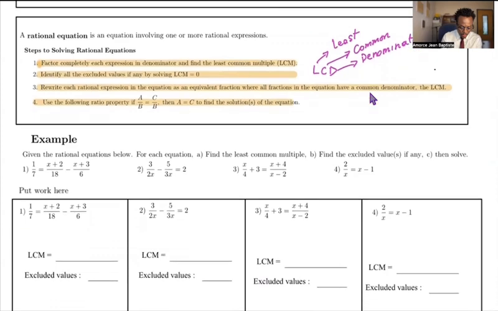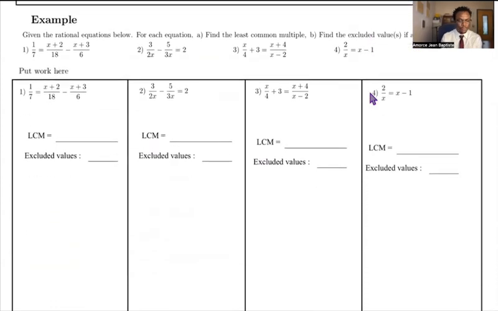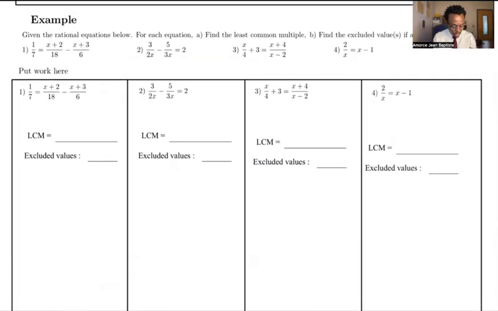All right, so let's go ahead with a few examples. Example number one, we're going to try to find the least common denominator for 7, 18, and 6. Knowing that 6 is a factor of 18, 18 and 6 have 6 in common. So if I multiply 7 and 18, I don't have to worry about 6 because 6 is already included in 18.